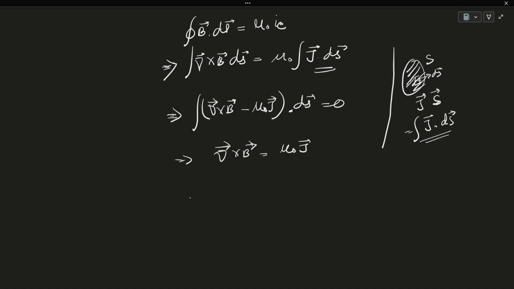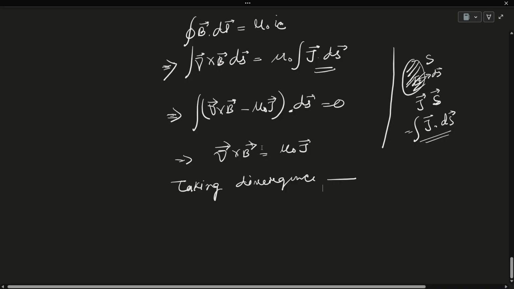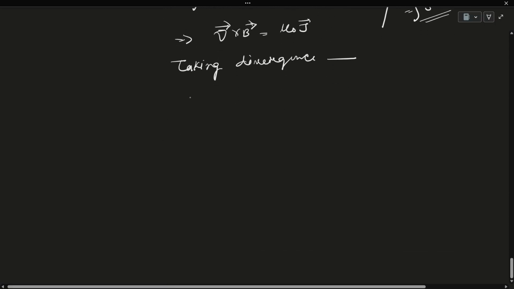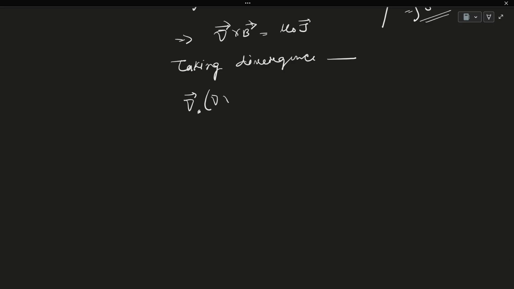Now if I want to take the divergence, taking divergence, I will get del dot del cross B equals mu naught del dot J. I hope you get how I am writing this.